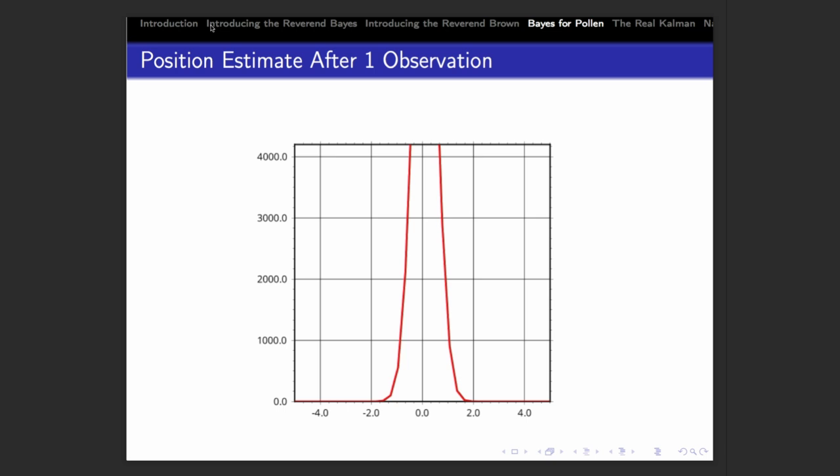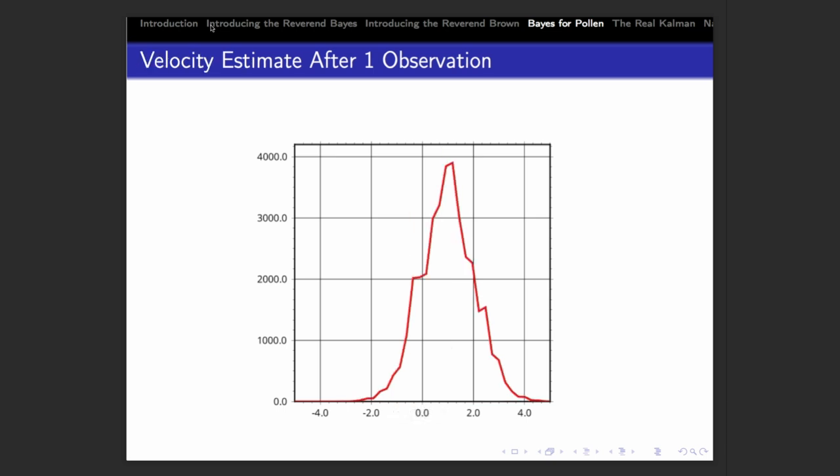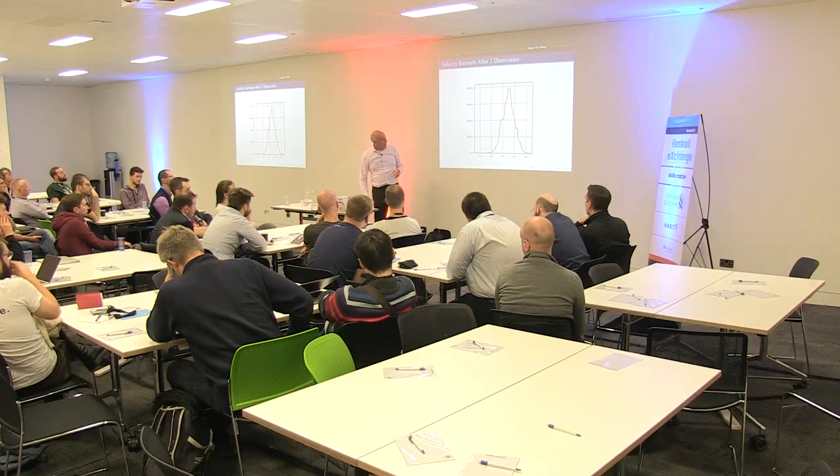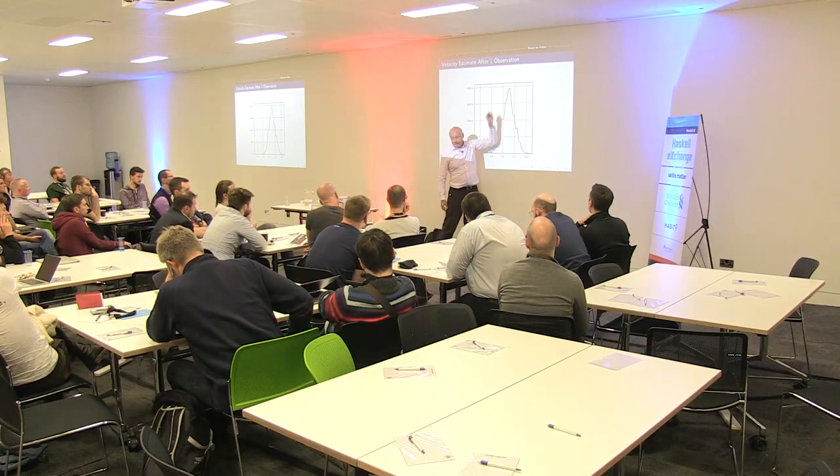It's just after 0. It's 0.1 because we're moving at a velocity of 1, or we guessed we were moving at a velocity of 1. And so our guess has gone down from being quite a wide guess to quite a narrow guess. And here's our velocity estimate after one observation. That's centered around about 1.